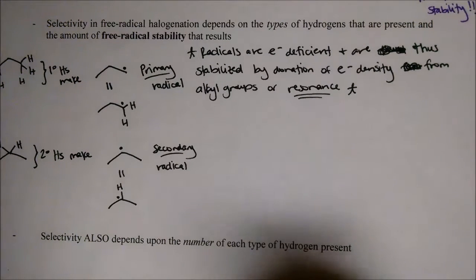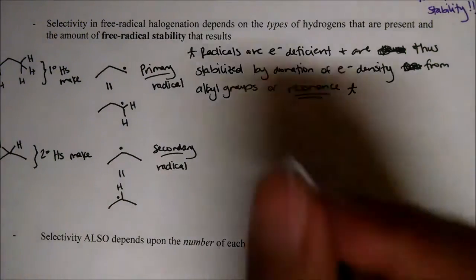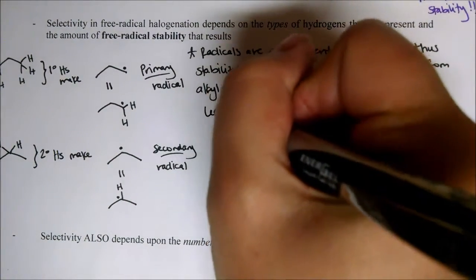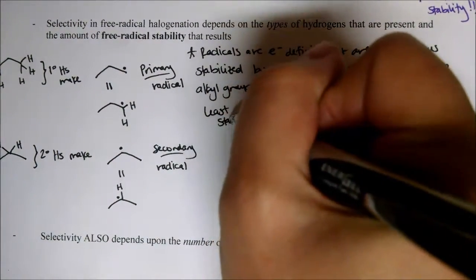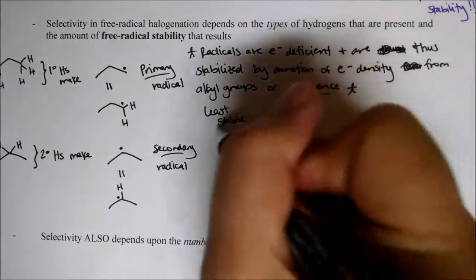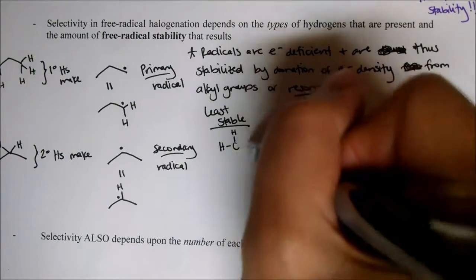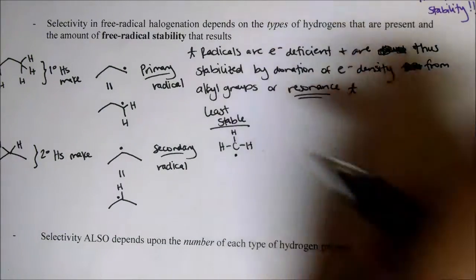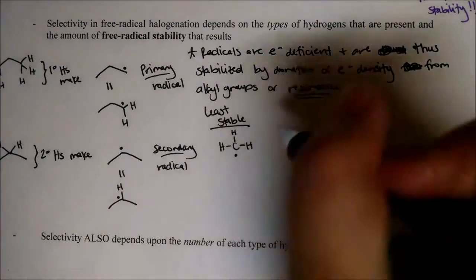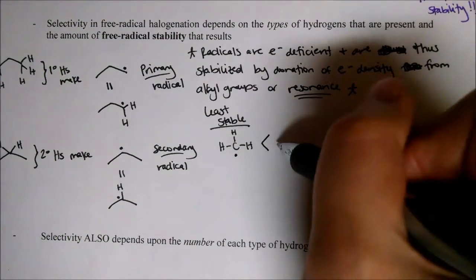Okay, so in terms of stability between the different radicals you can make, the least stable radical you can make is the methyl radical. It doesn't have any other alkyl or anything to donate electron density to help stabilize it. What's the next least stable?